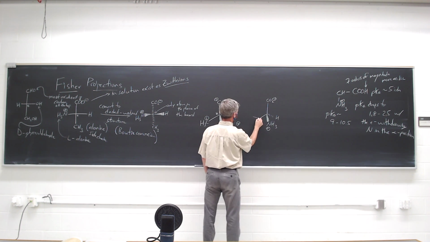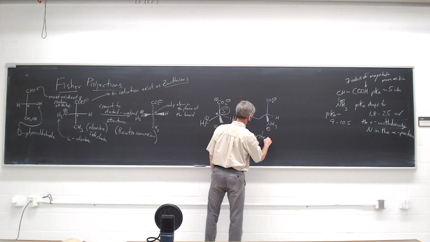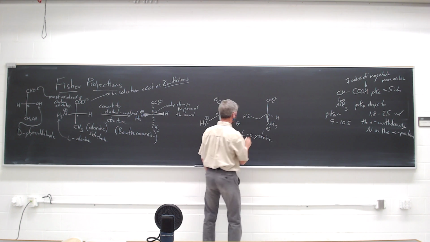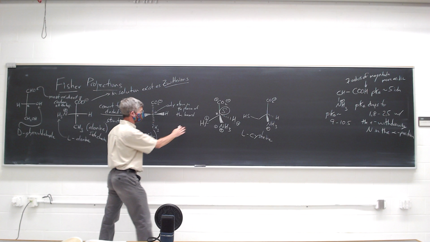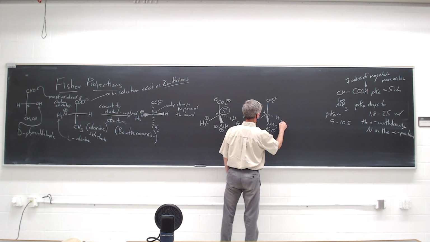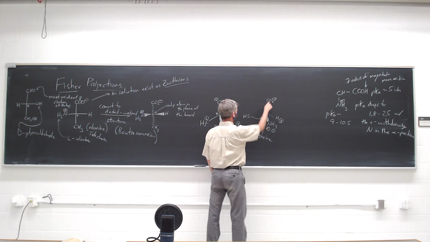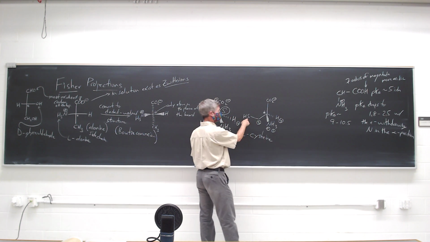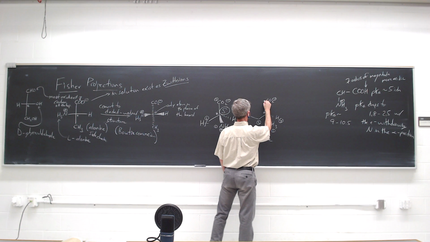So one of the amino acids has a CH2SH here. This is cysteine. L-cysteine. It's got the same configuration around the chiral center. But now this carbon takes priority over that one because this carbon is bound to a sulfur, and that's only bound to oxygen.